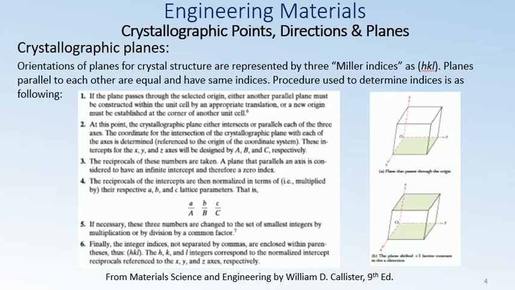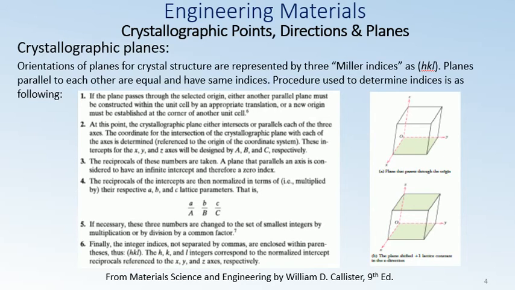For example, if you look at the plane shown in this figure, you take 0 as the axis center and you move along the z-axis. You see that this plane intercepts the z-axis from the origin at 1 cube edge length. So it is 1 for the z-axis. Now look at x and y.